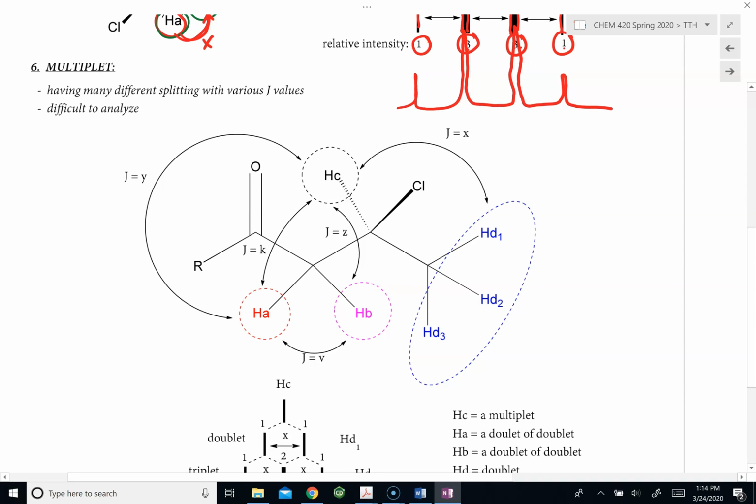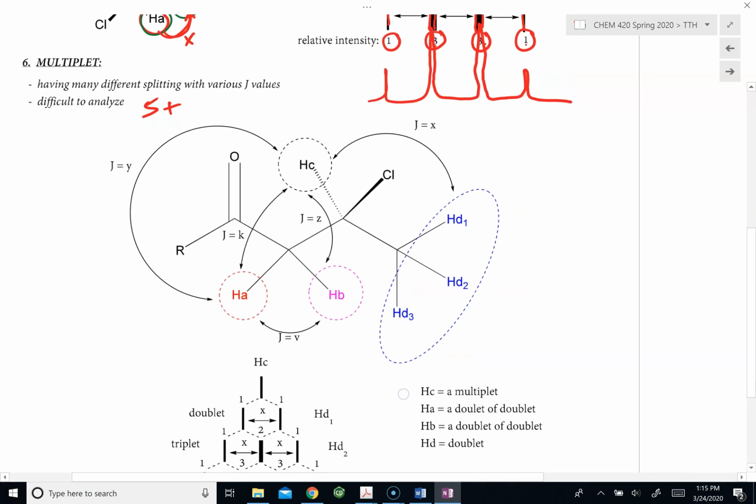So a lot of the time, if we see a signal between 5 to 6 and above, and it does not look like any pattern that we have seen, if it's not a quartet, not a doublet of doublet, or anything that we have recognized previously, we would simply refer to this as a multiplet. That simply lets us know that the signal we are referring to has many different neighboring hydrogens connected to it. For example, HC in this molecule will show up as a multiplet.